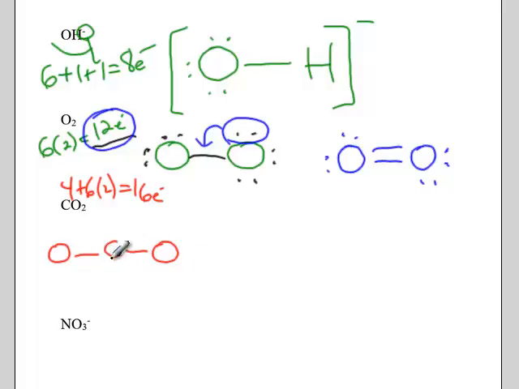And now again, we're going to satisfy terminal first. The one on the left needs 6 more electrons to reach 8, the octet rule. And so far we've used up 2, 4, 6, 8, 10 electrons.